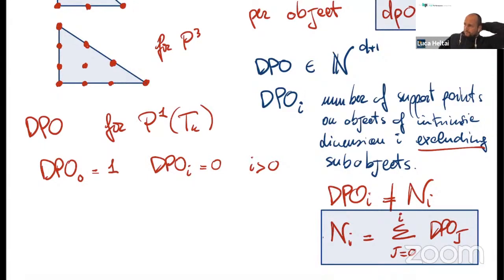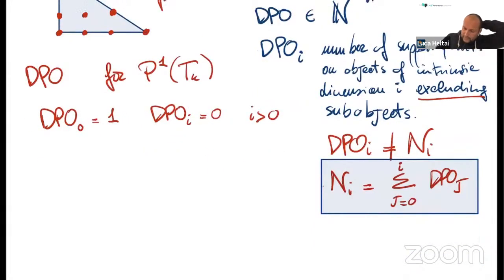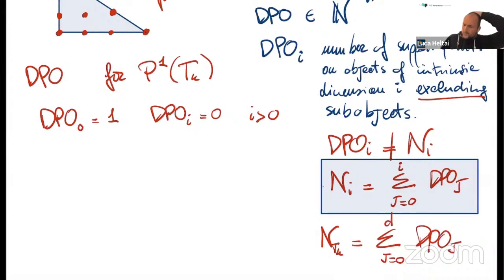Does that make sense? And of course, the number of degrees of freedom N_TK, which is the dimension of the space defined on T_K, is simply the sum for j from 0 to d of dPO_j. Does that make sense? Is it clear?